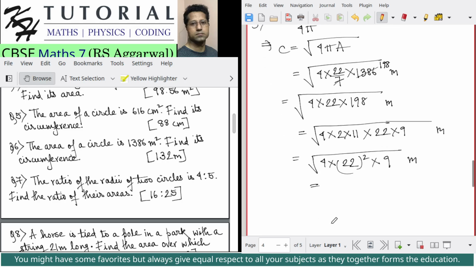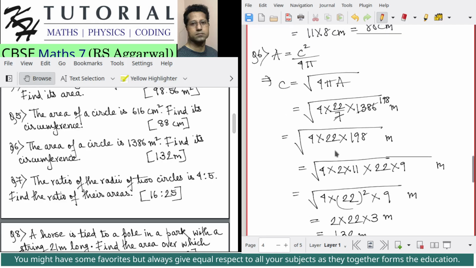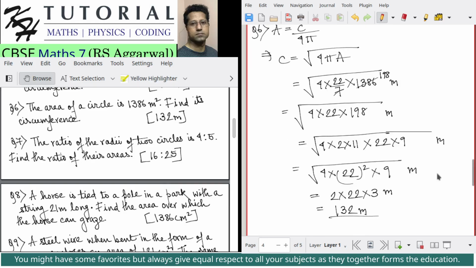This is equal to nothing but 2 multiplied by 22 multiplied by 3 meter, which is 132 meter. So the circumference is 132 meter. Okay, let's do the next problem, question number 7.